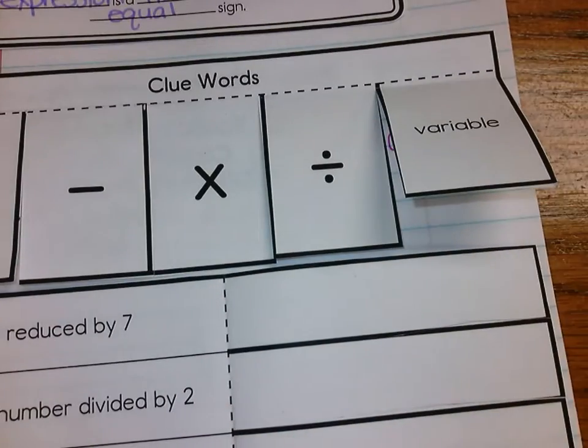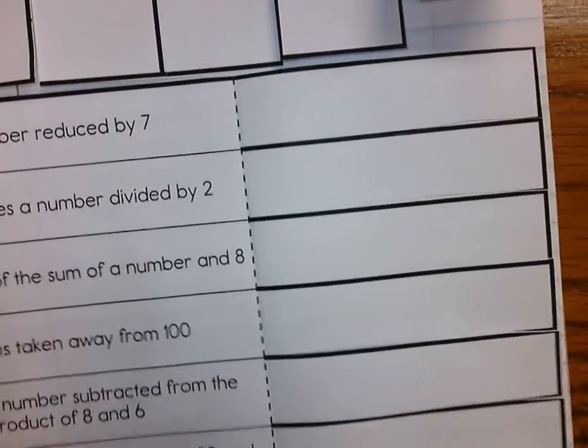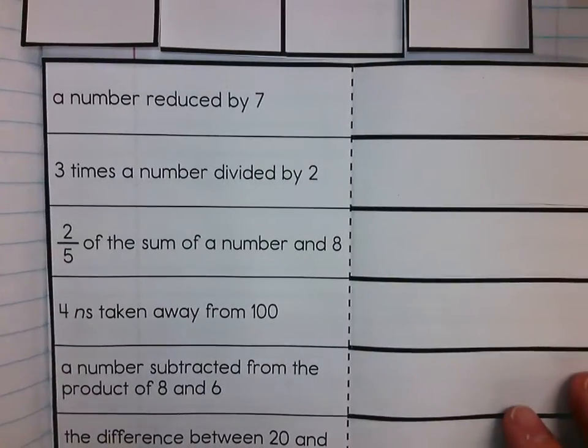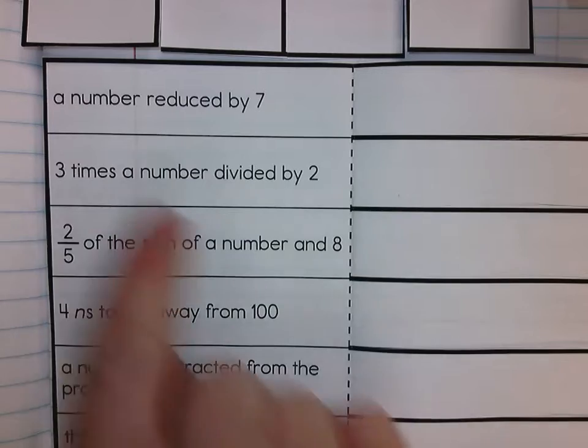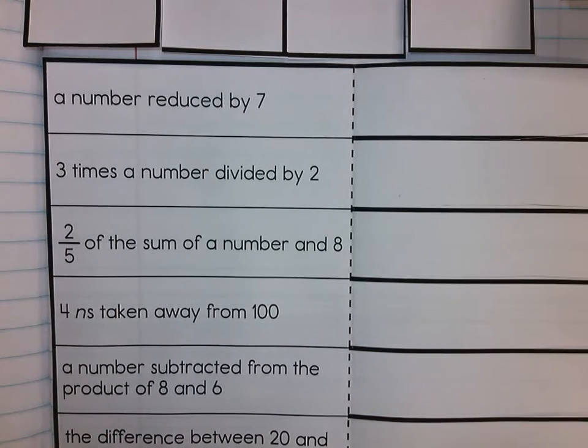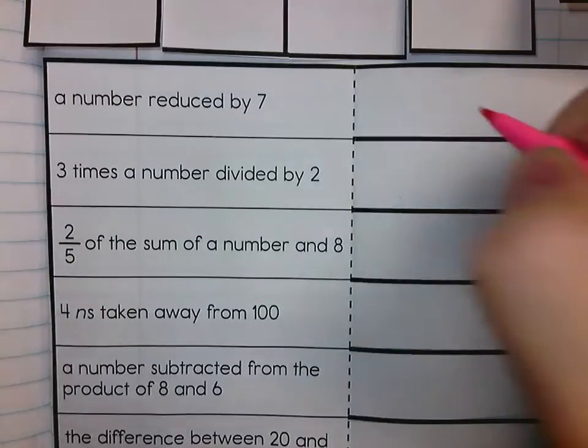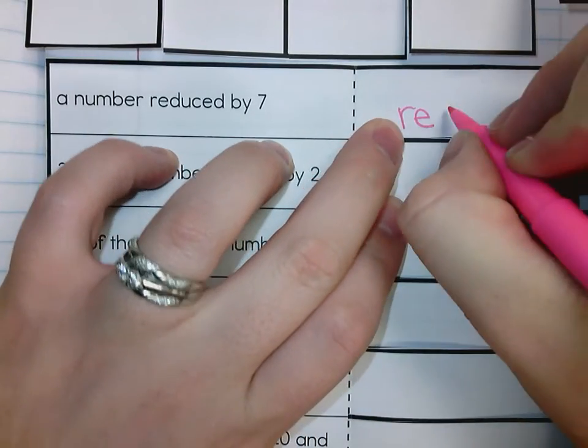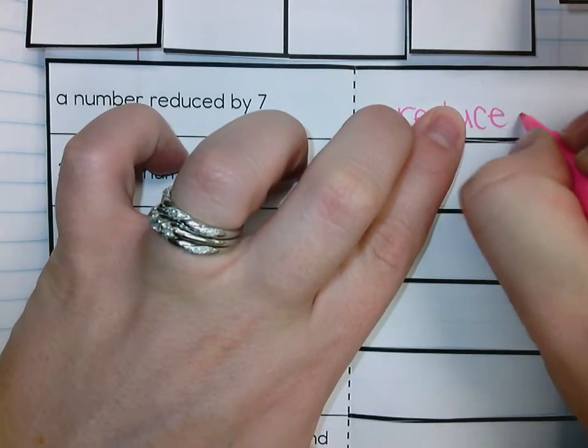Okay. Now we're going to come down to our examples. And we're going to write down some examples here. A number reduced by 7. We're going to write down our clue word over here of reduced.